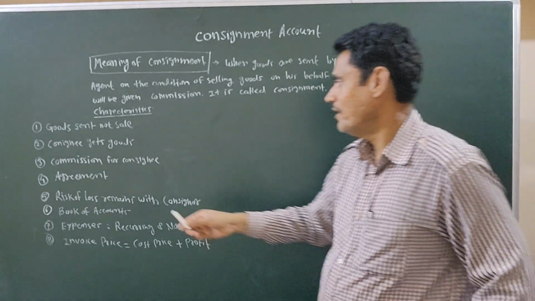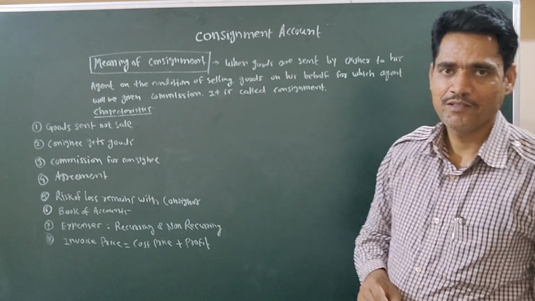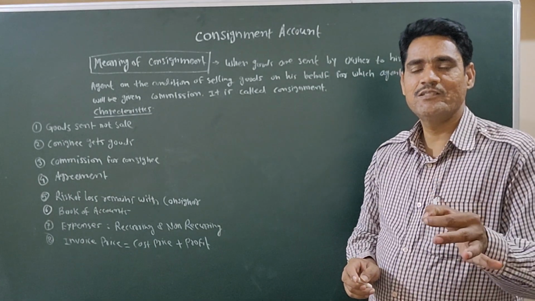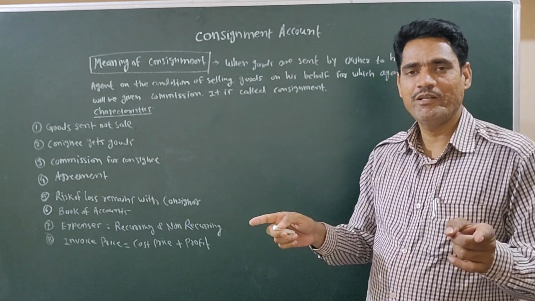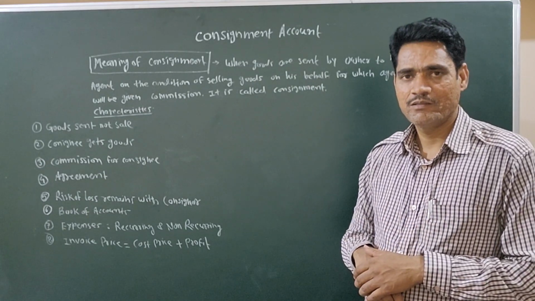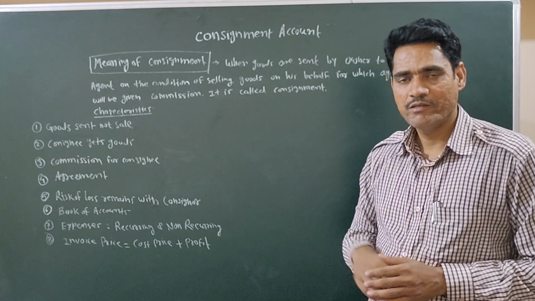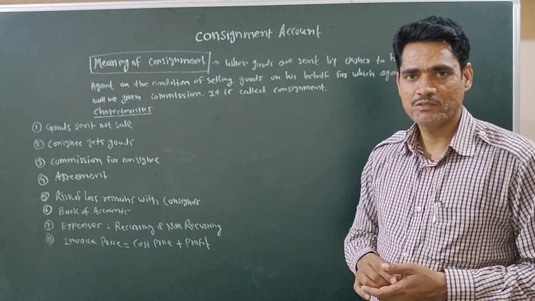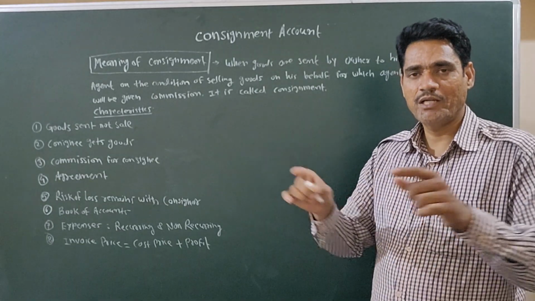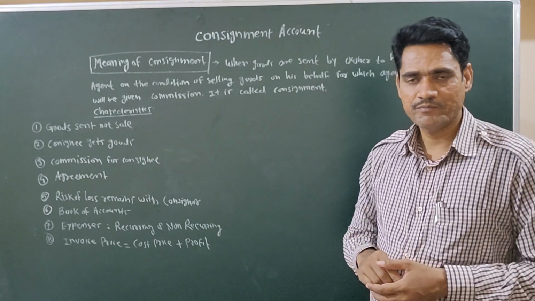Next, agreement. This is an agreement between consignor and consignee. An invoice pro forma is sent with the goods. A written agreement is there, and terms and conditions are there.